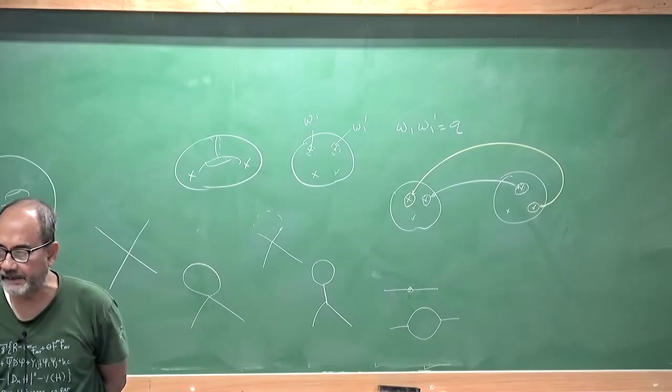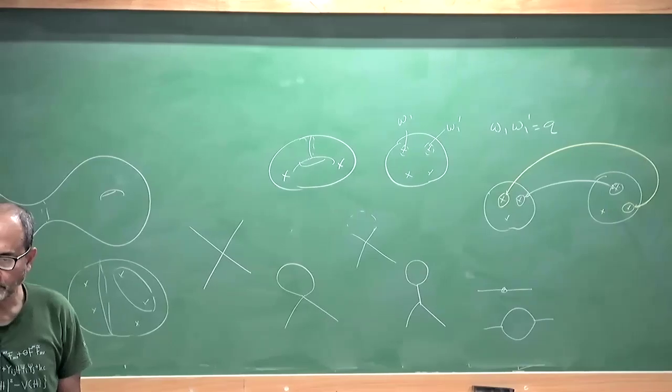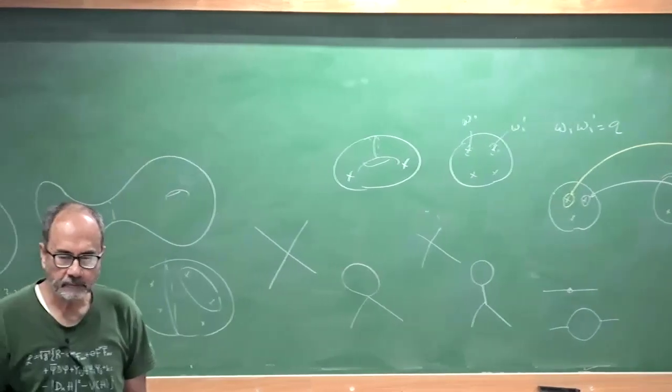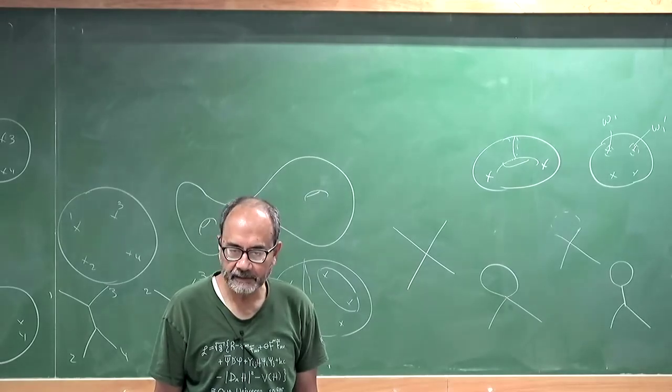Every time you have an internal propagator, that means you have some q that you are integrating from 0 to 1. So that q going to 0 is a degeneration.